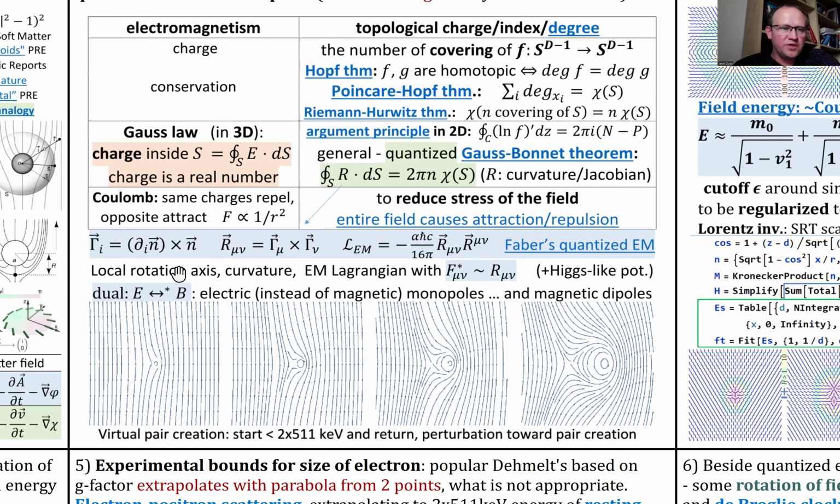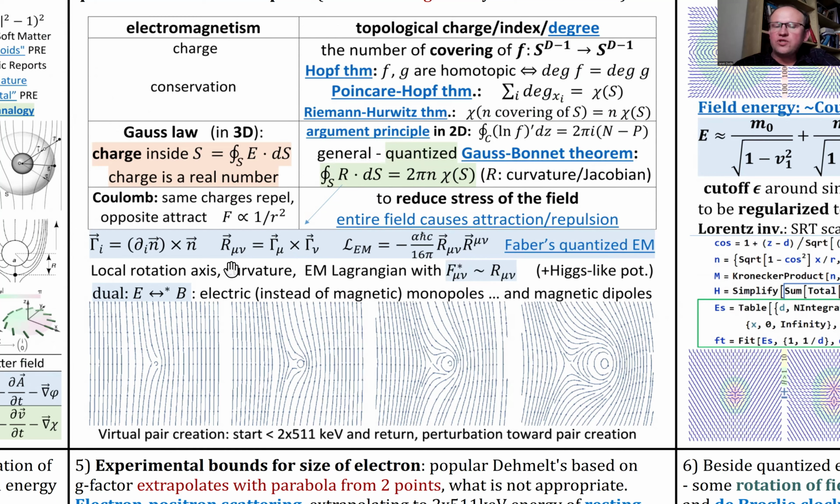Here we can use a field of unitary vectors n, then define its connection as local rotation, gamma, which corresponds to the A field. Then the curvature is like here, as the cross product.